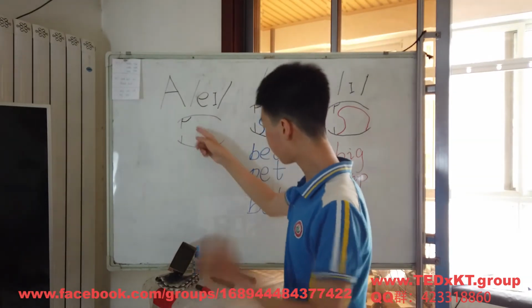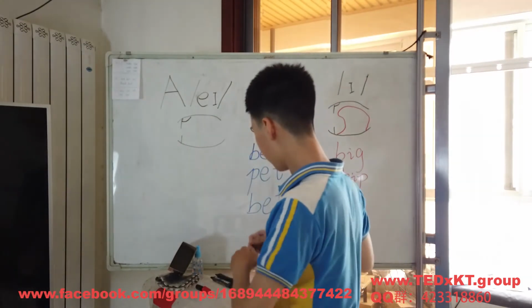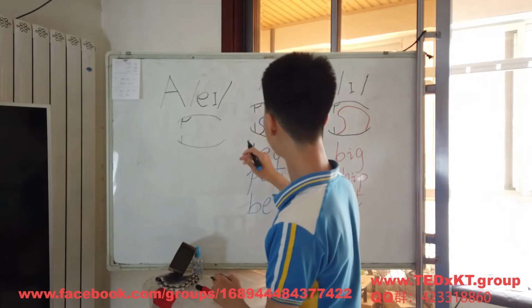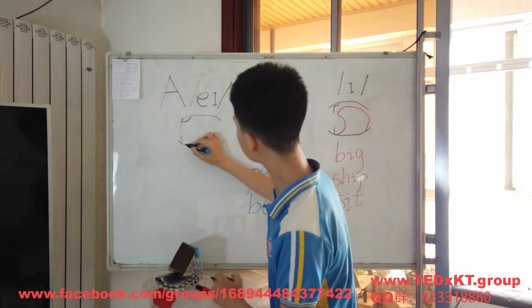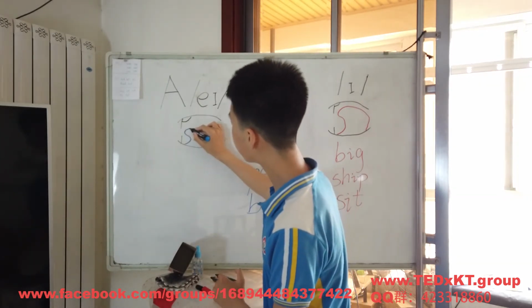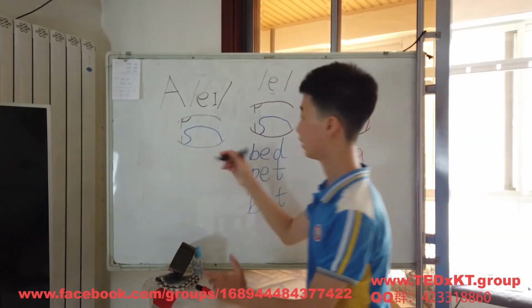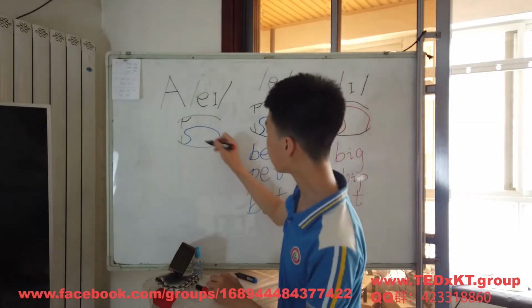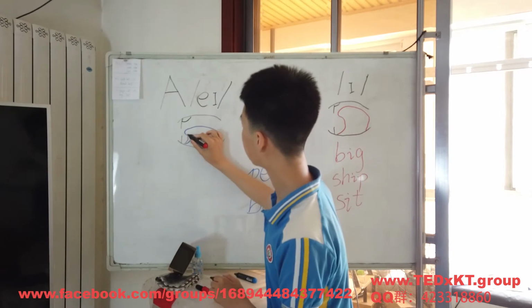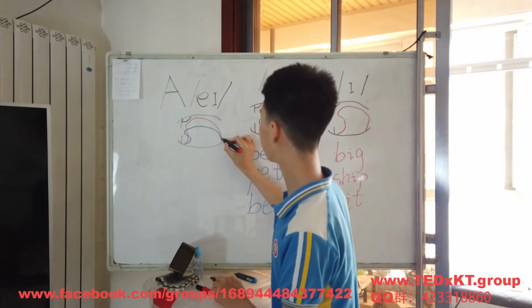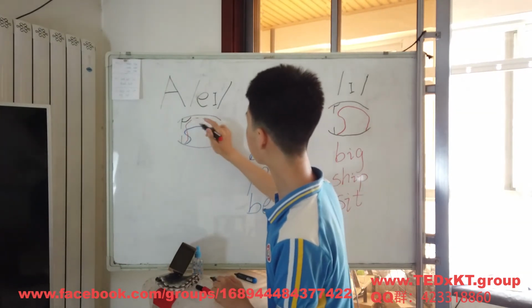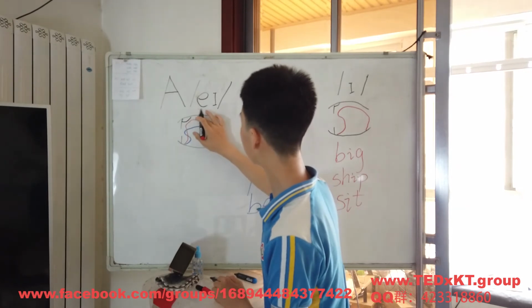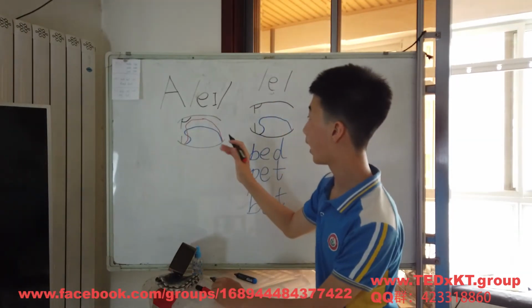So yeah, this is our mouth. First, I'm going to draw the first position, which is something like this. Then you have to change the position into this. Now, maybe a tiny bit lower. Okay, like this. A.